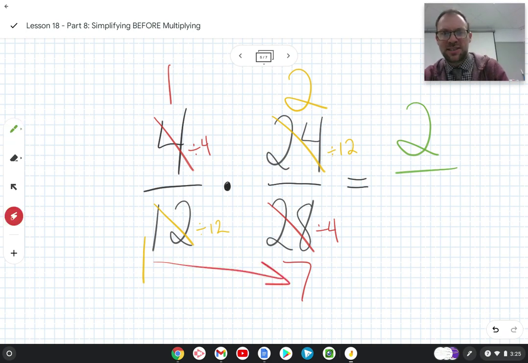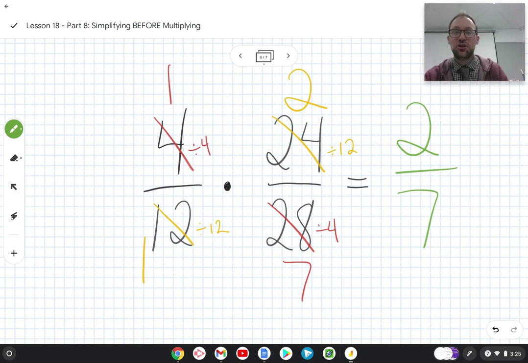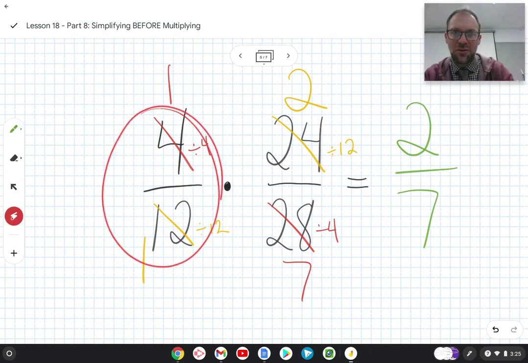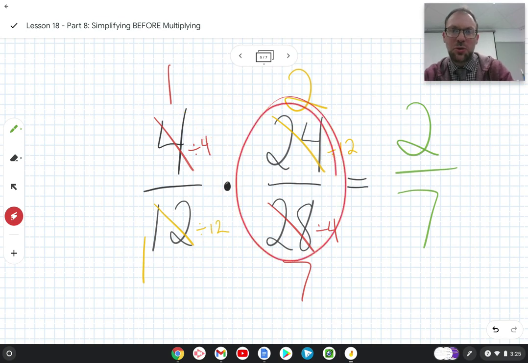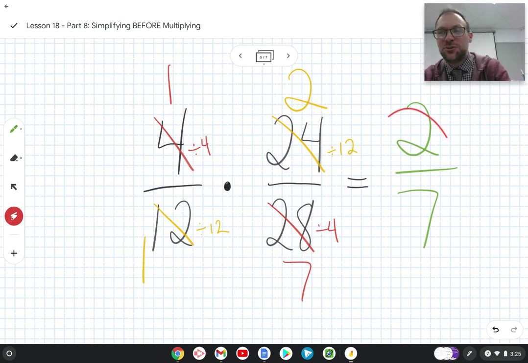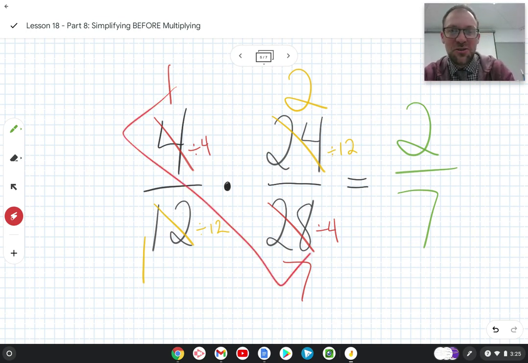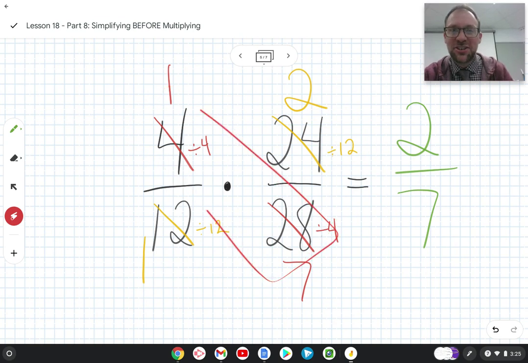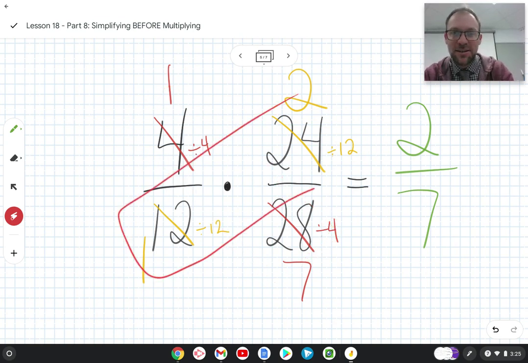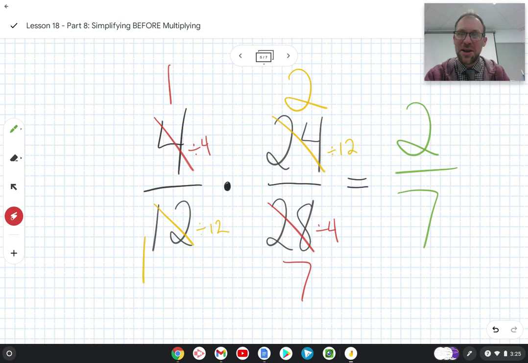And 1 times 7, that's 7. 2/7. So 4/12 times 24/28 is 2/7. We simplified first, and not only that, but we simplified using a numerator and denominator from different fractions. Isn't that amazing? And it worked. We got the simplest form.